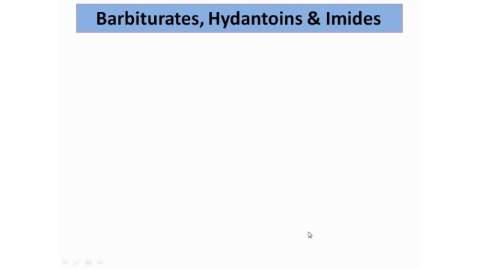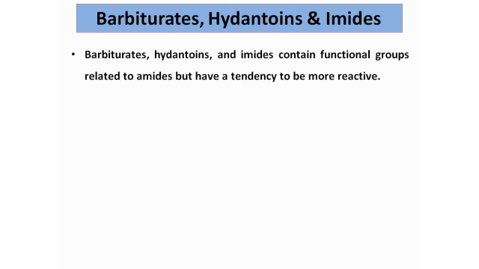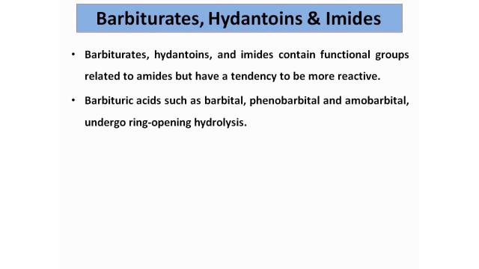Now for drugs like barbiturates, hydrazines and amides, these groups contain functional groups related to amides, and they have a tendency to be more reactive. So these barbiturates may form barbituric acids.